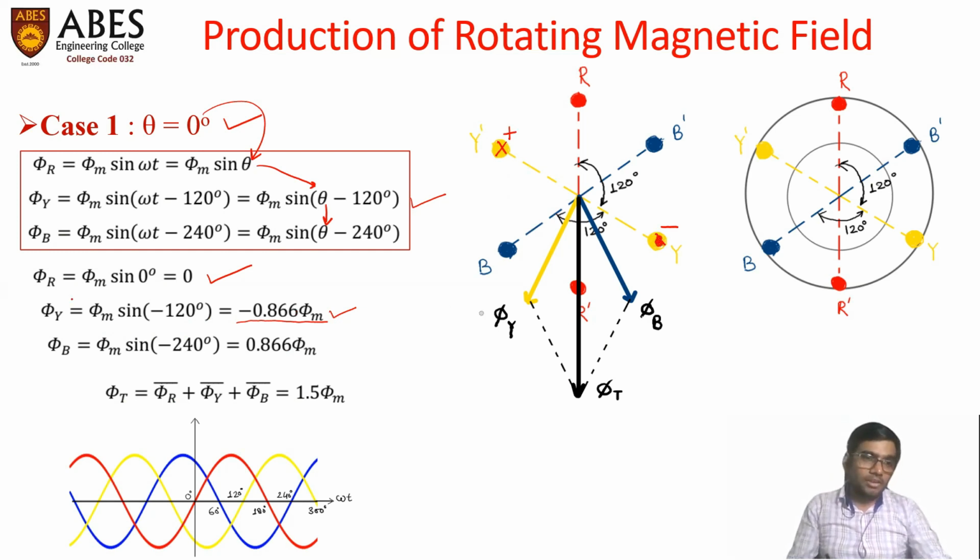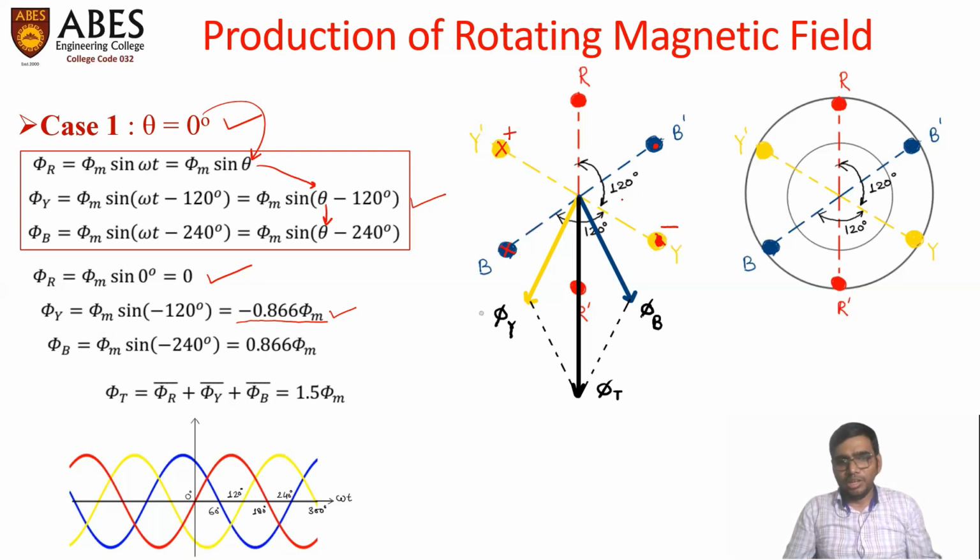Similarly, for positive phi b, the current in this coil side will flow inward, and from this side the current will flow out of the plane. By using these conventions, the flux produced by each phase can be found.